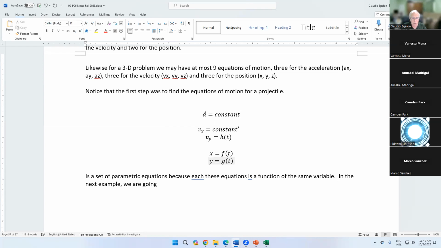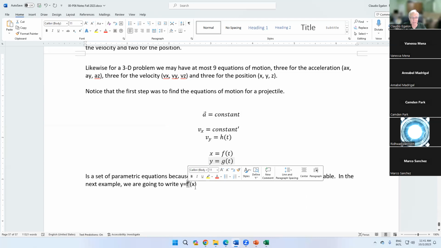we're going to write y as a function, put f prime, of x. It's possible to do that.